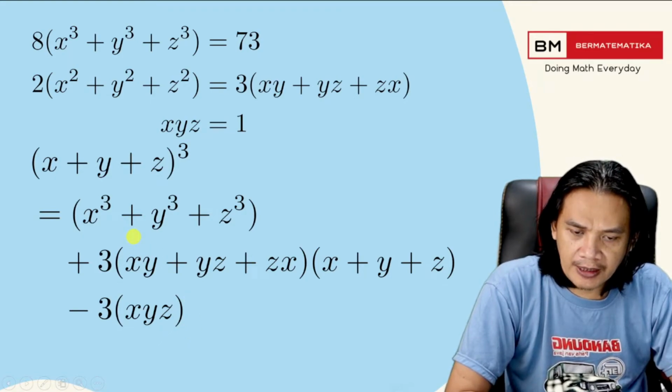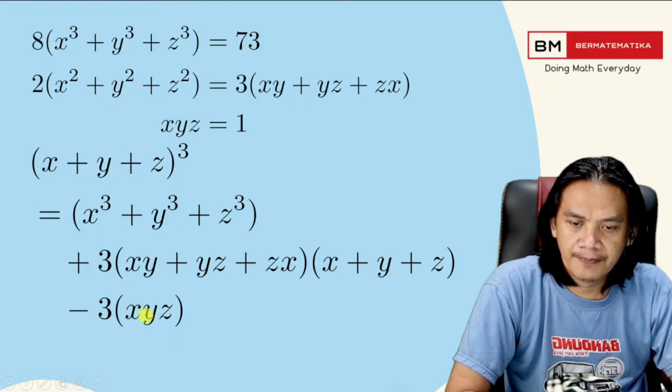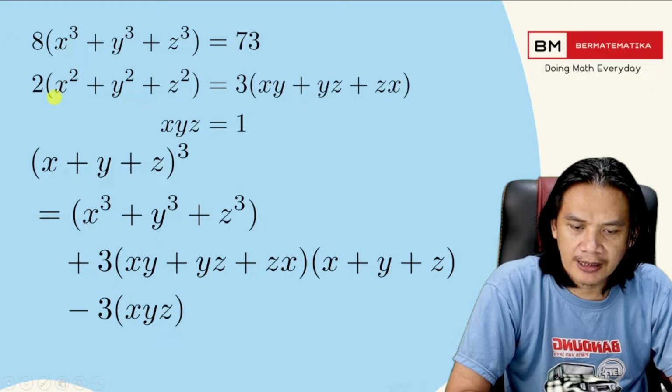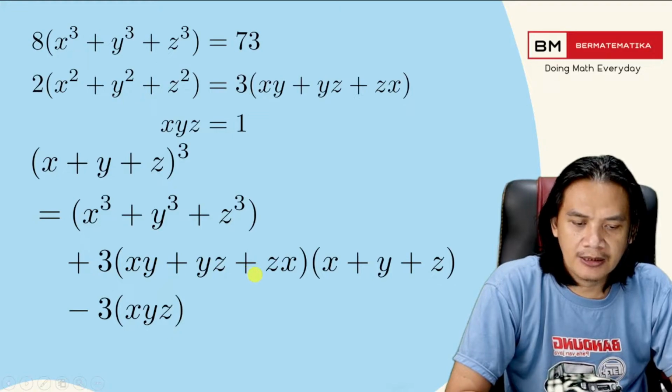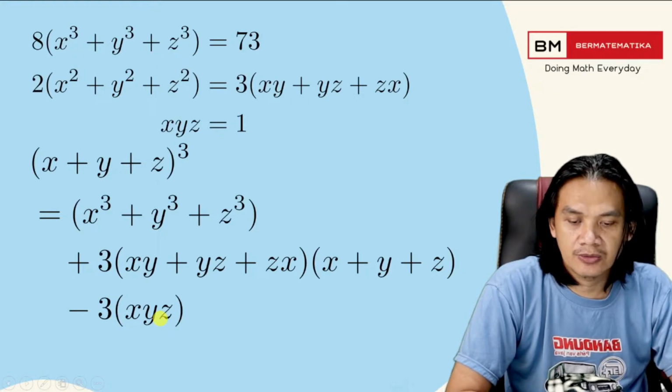If we look at this statement carefully, we have that this is 73 over 8, so we can replace this by 73 over 8. This one is v, that one is u, and this xyz is w, which is equal to 1.